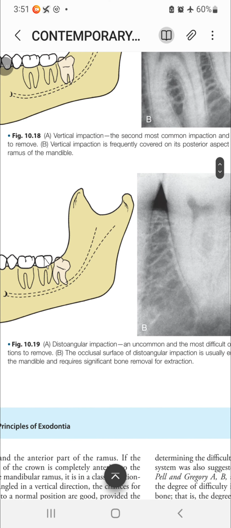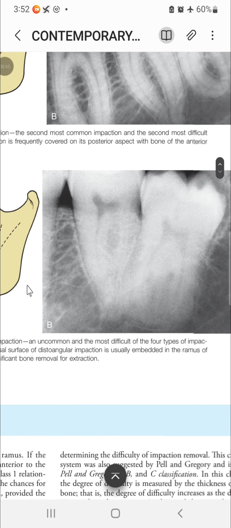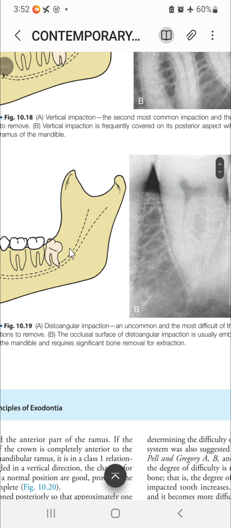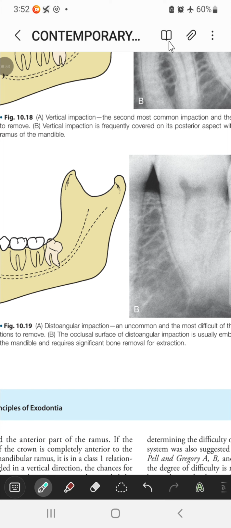The occlusal surface of the disto-angular impaction is usually embedded in the ramus of the mandible and requires significant surgical bone removal for extraction.